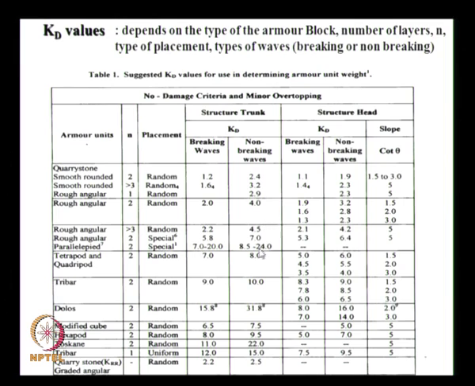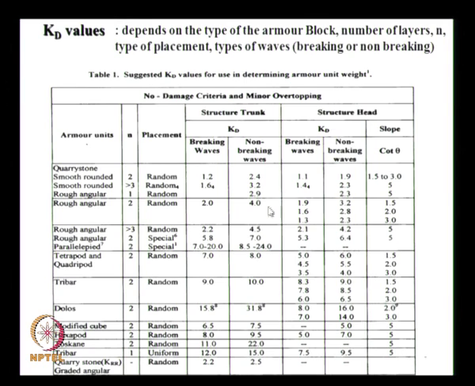So 6 by 0.78, at that water depth only it will break, maybe at 8 meter it will break, at 10 meter it will not break. If you are using the same unit, let us say this tetrapod, for a non-breaking wave the stability coefficient is higher. Stability coefficient comes in the denominator, so if it is a breaking wave it is less, that means the stone weight will be more. If it is higher it will be a non-breaking wave, and at a head it will be much less because we are getting the waves from all the directions.